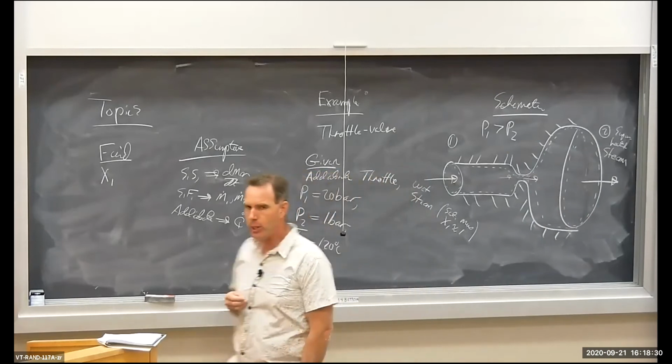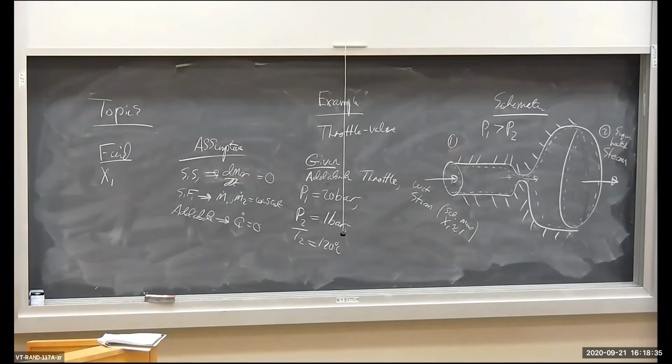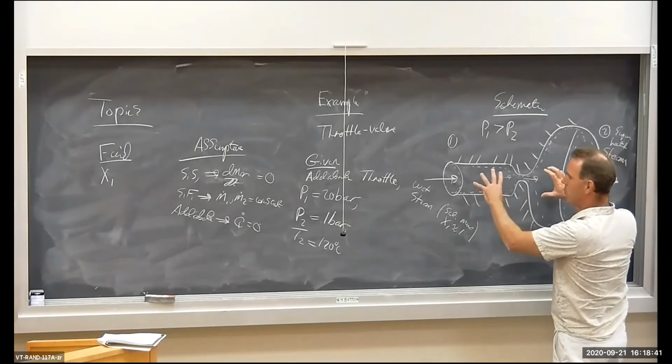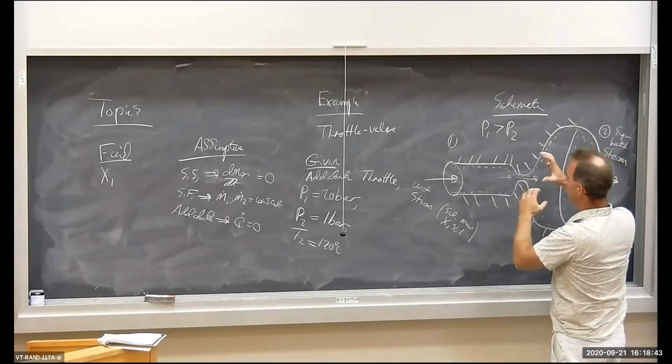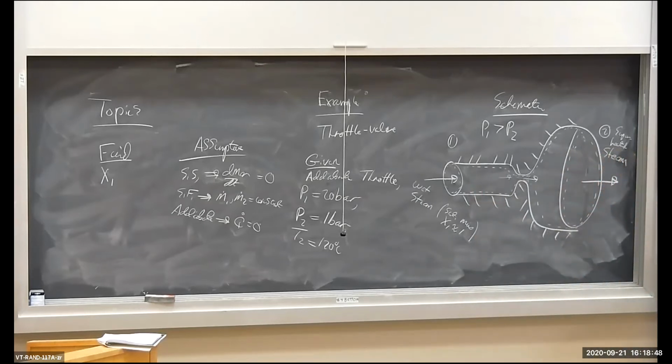What about boundary work? That's due to a change in volume of the control volume, the system. Any change in volume would mean this throttle valve is twisting and getting distorted over time. I don't think so. I have no indication that the actual throttle valve is changing shape.